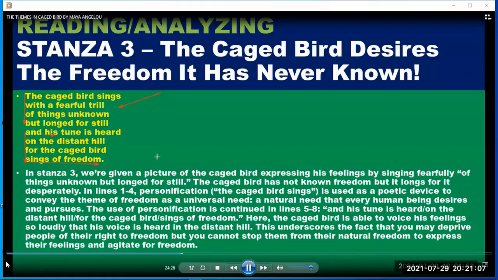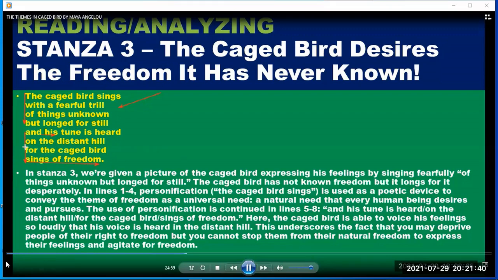So you see that the caged bird sings of freedom, is longing for it. And that portrays freedom as a natural human instinct, something every human being longs for. Even those in the prisons, those who are subjected to various dehumanizing situations or conditions or circumstances, right in their hearts, they desire this freedom.